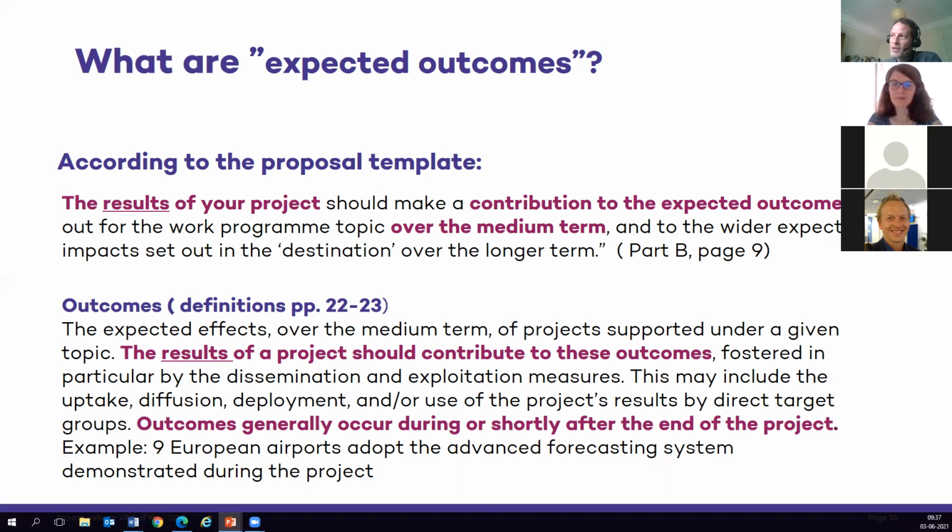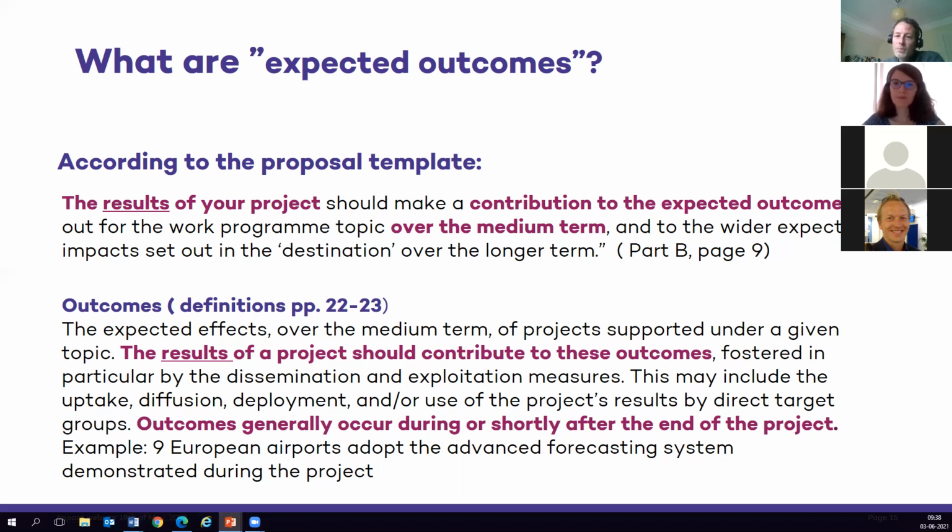I think that's an important question, and the answer is that it depends on the outcomes as defined under the topic you're applying for, and it depends on your project. If you look at the expected outcomes across the different work programs, or even within a specific work program, you will see that they're not always described in an identical way. Some of them come closer to being project results, others imply wider systemic changes that one single project could not bring about on its own.